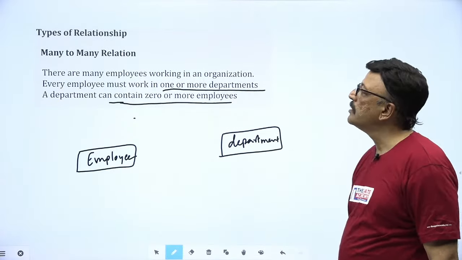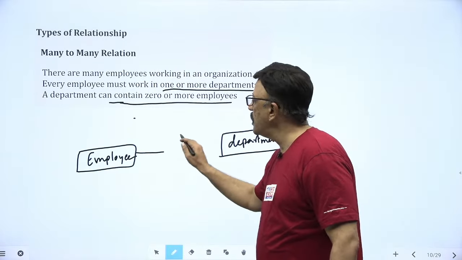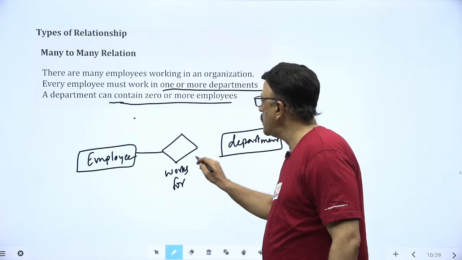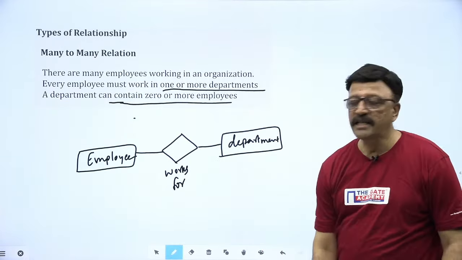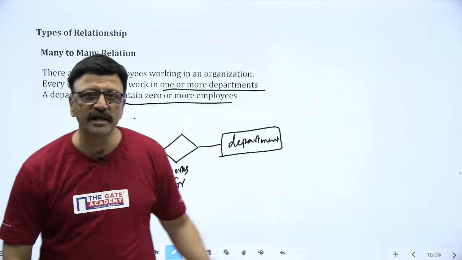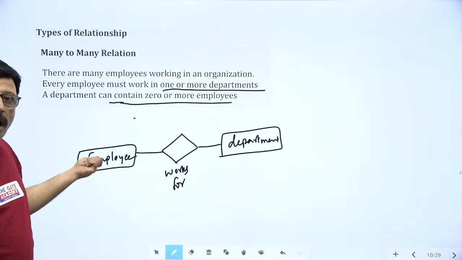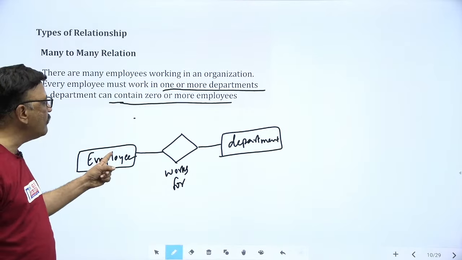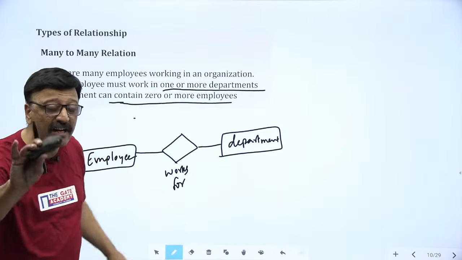Okay. And we know that employee works for department. Let's ask an employee. Let's pick some employee in the company and ask, which departments do you work for? This employee will say, I work only for one department. Wait.